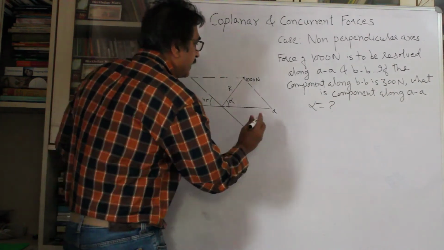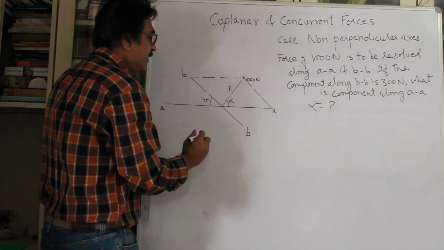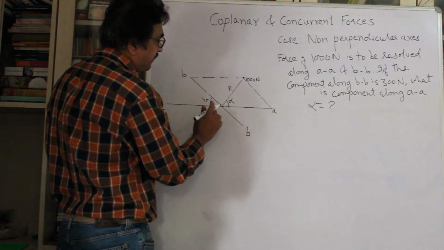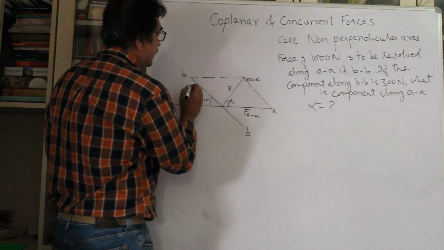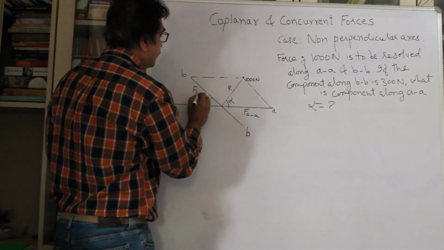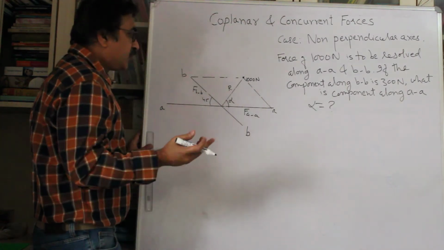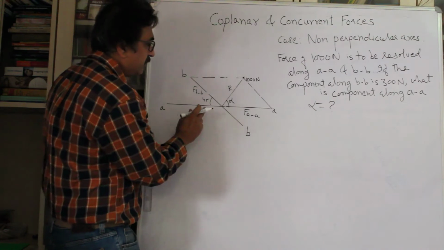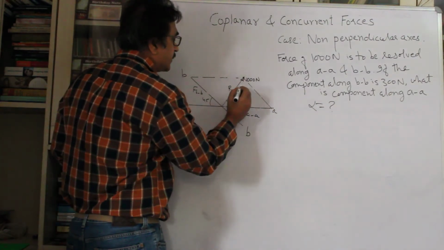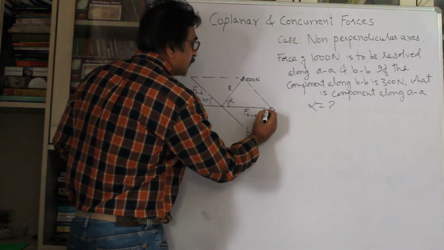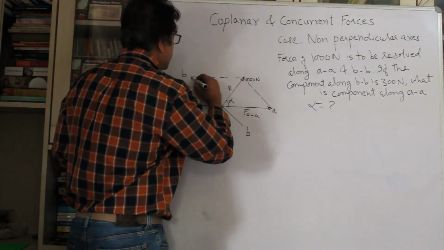So what we have here is, now we have got the magnitudes also, right? So this is, I can say, FAA and this is FBB. Okay. So now, as you can recollect, this is the force in this direction. So these are the two forces.